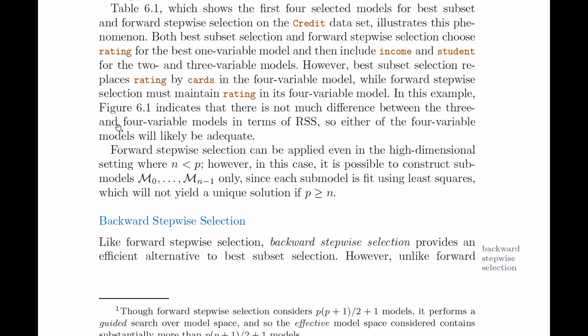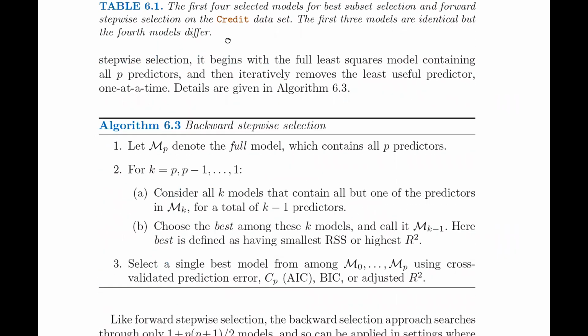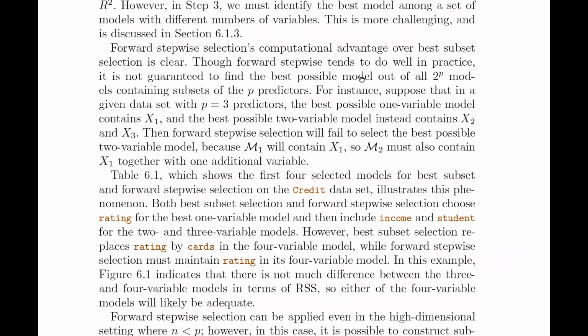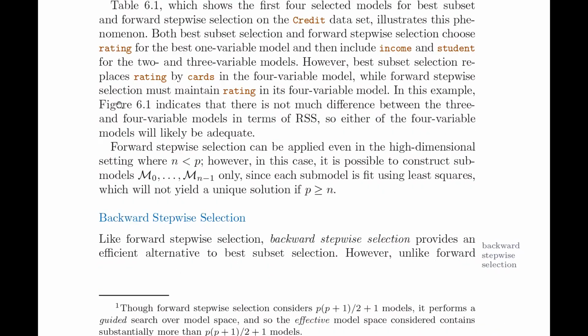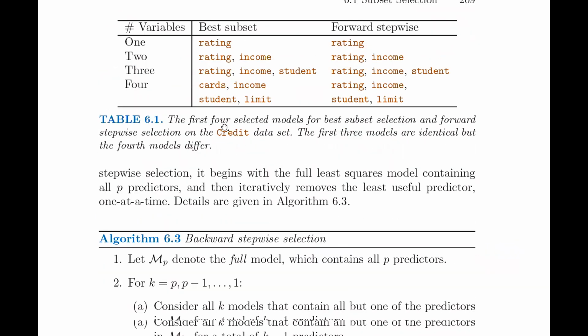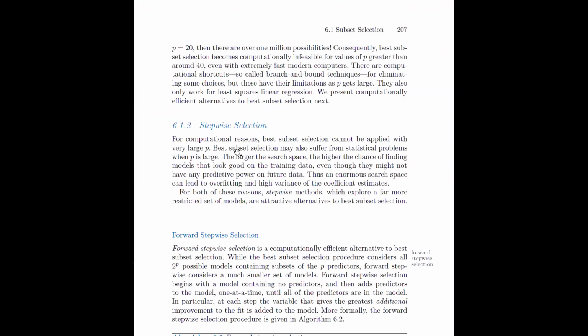In this example, figure 6.1 indicates that there is not much difference between the 3 and 4-variable models in terms of RSS. Really, but I'm not seeing RSS in the table. Figure 6.1.